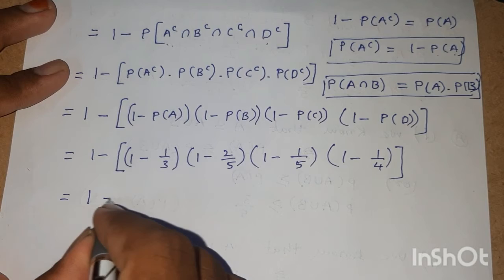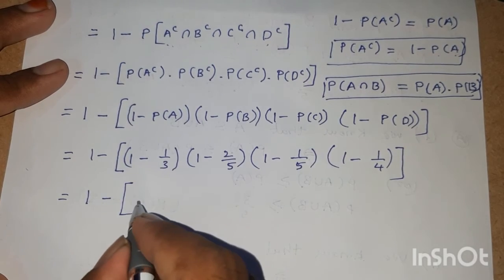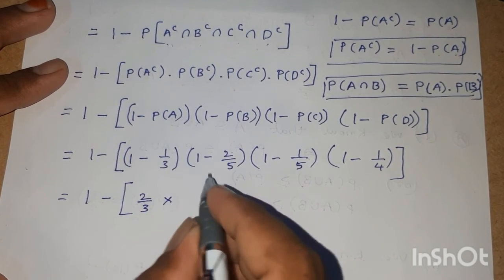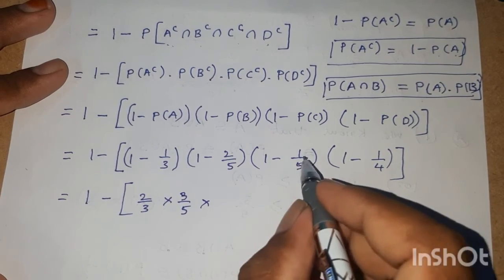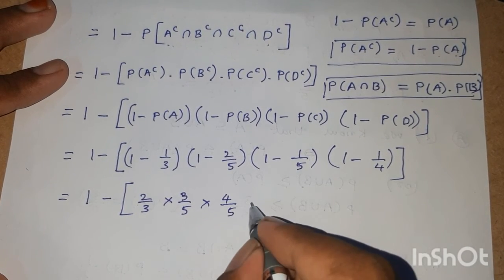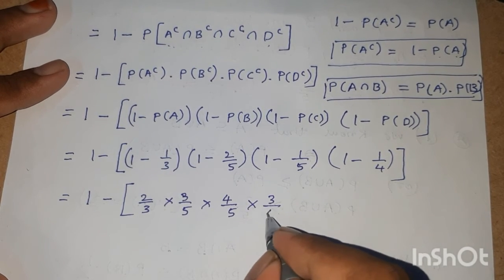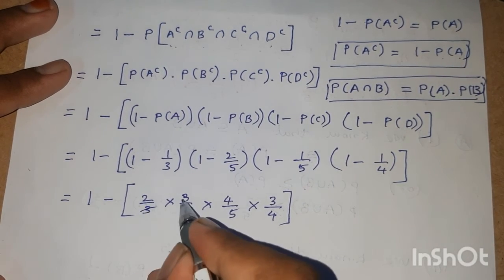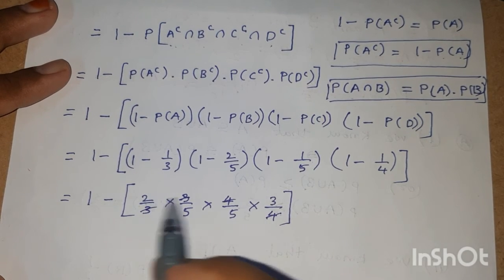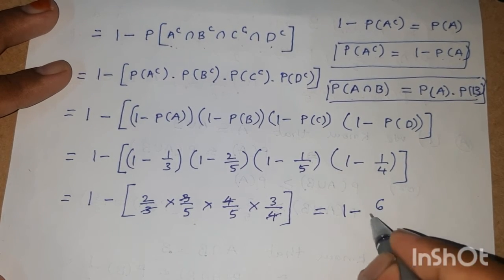Let us solve. 1 minus 1 by 3 is 2 by 3, into 5 minus 2, 3 by 5, into 5 minus 1, 4 by 5, into 4 minus 1, 3 by 4. 3 cancelled, 4 cancelled, 2 into 3 is 6 by 5 into 5, 25, that is 1 minus 6 by 25.